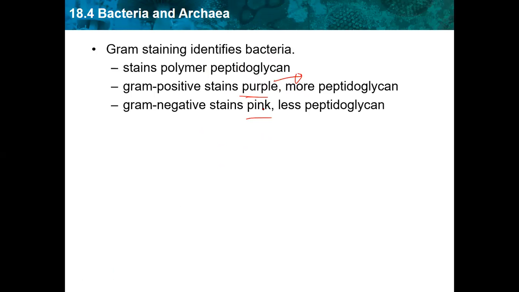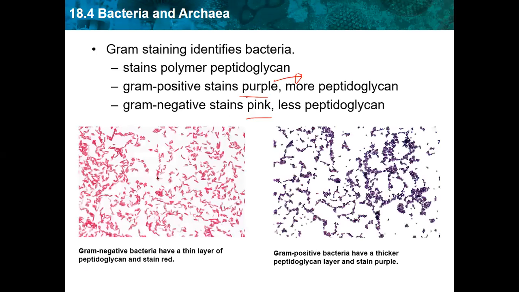The safranin has a reddish color, so it's going to stick more to the gram-positive and make it become purple because it has more peptidoglycan than the gram-negative. So this is exactly the way it looks under the microscope when you stain them in the lab. Is that understood? So you will stain it and you see it this way, you're going to know it's gram-positive or gram-negative.